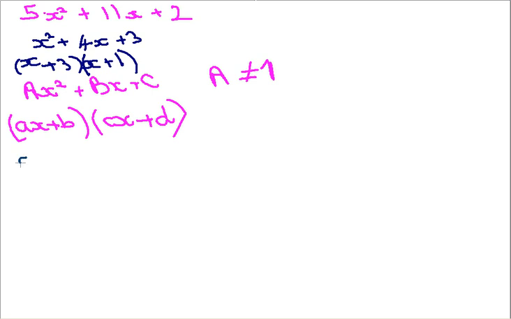And if we were to multiply that out, we'd get acx squared plus adx plus bcx plus bd.